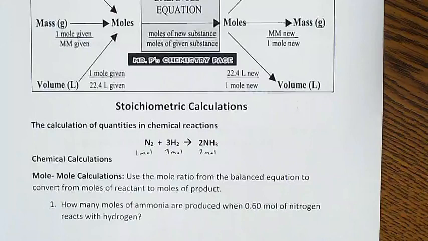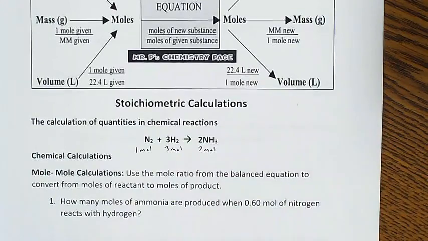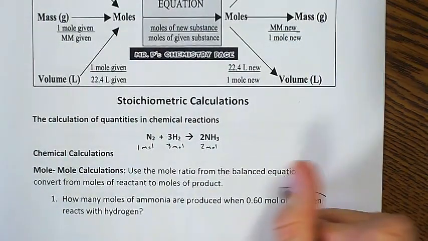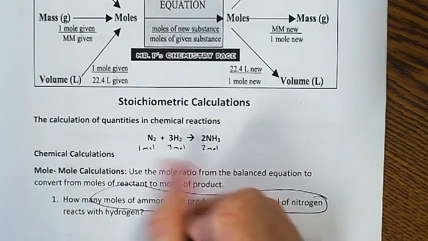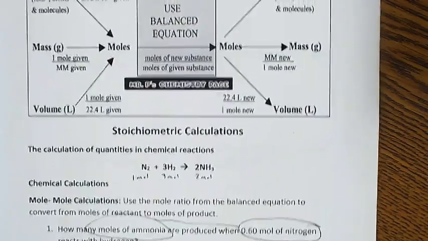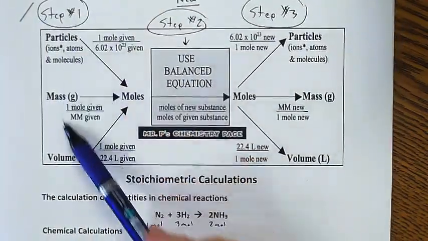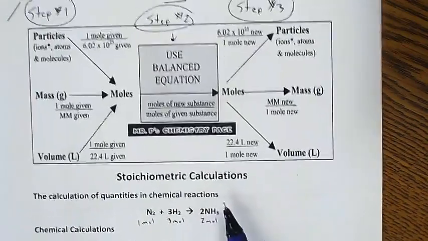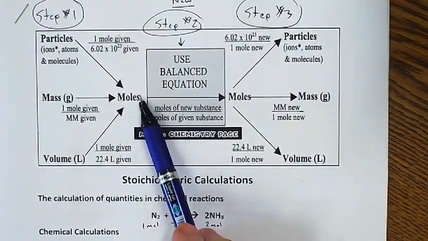First thing we've got to have is a balanced equation. And again, from there, let's read what they're asking for. They say we've got 0.6 moles of nitrogen. We're going to go to moles of ammonia. That tells us where we're starting. Now, you only do step 1 if you're starting with something other than moles. We're already starting with moles in this case, so we're already right here.